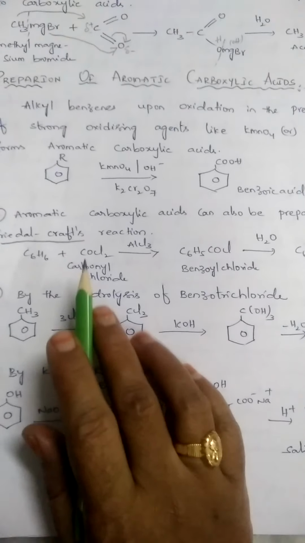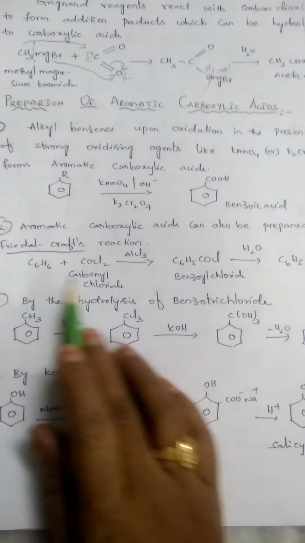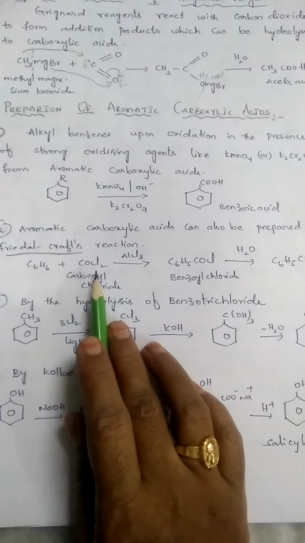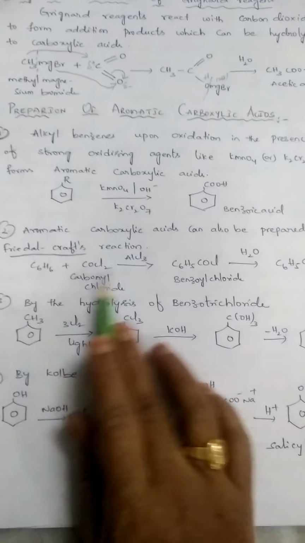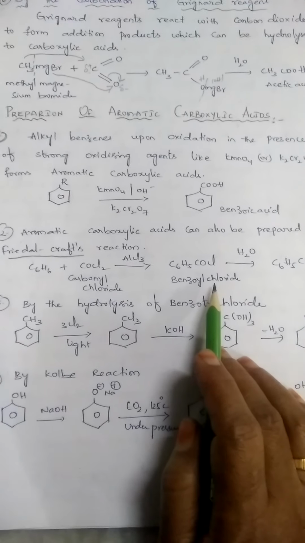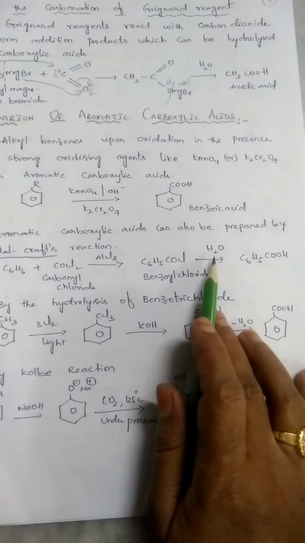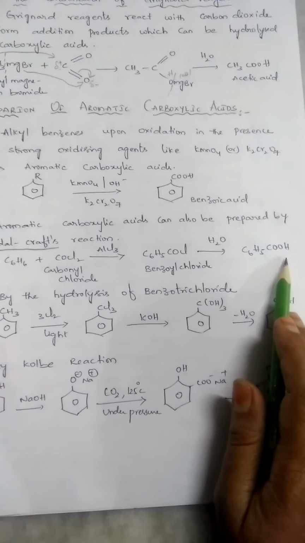Here aromatic carboxylic acids are prepared by the Friedel-Crafts reaction. Benzene with COCl2, or you may take CH3Cl also, no problem, reacts with AlCl3 and forms C6H5COCl, which is nothing but benzoyl chloride. Now the obtained benzoyl chloride upon hydrolysis forms benzoic acid.